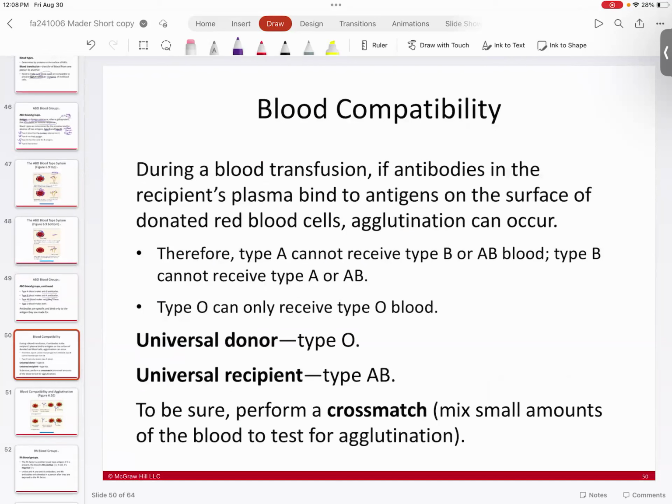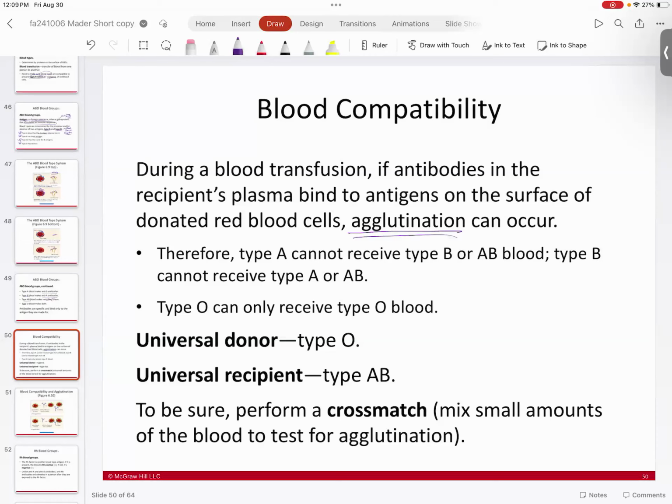So for instance, during a blood transfusion, if the antibodies in the recipient, like me, for instance, if I were getting a blood transfusion, see an antigen that they don't recognize on the surface of the donated blood, then what's going to happen, my antibodies are going to attack that blood, clump it up, and then that's going to cause a problem.